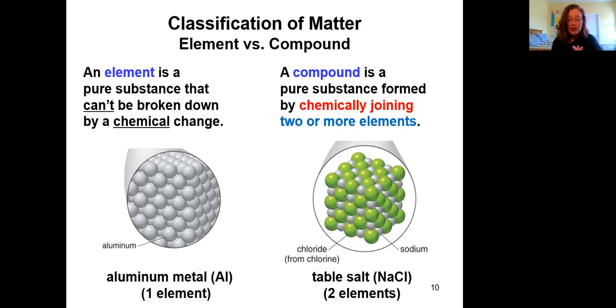For example, I'll show you the video of this later, but with sodium, that element of sodium, that thing catches on fire if it gets wet. If it's exposed to water, it can spark and all kinds of stuff. And chlorine, the element chlorine, is a toxic yellowish green gas.